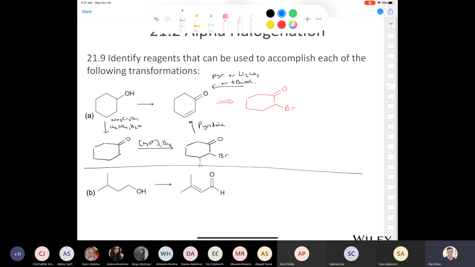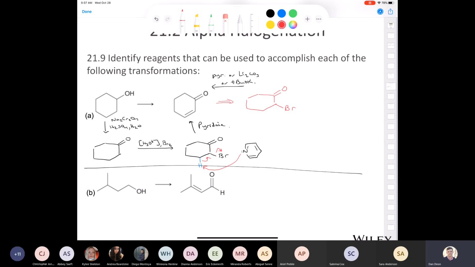You have this proton, and the pyridine is going to come in as a base. Let me draw my pyridine molecule like this. My pyridine can come in and remove that proton.